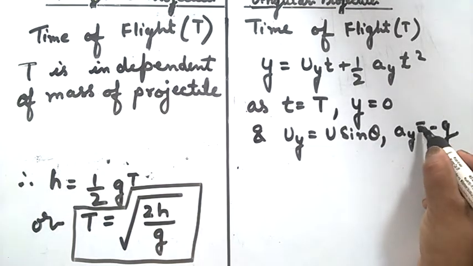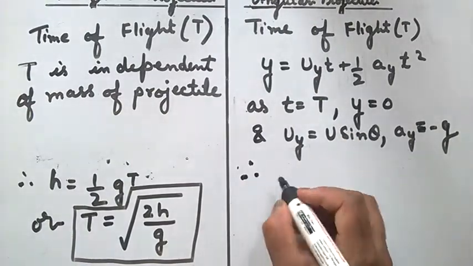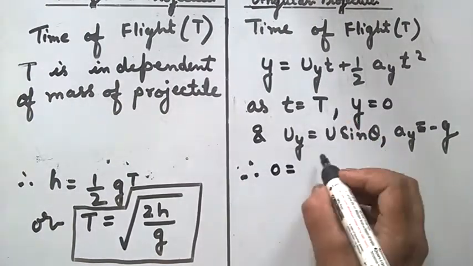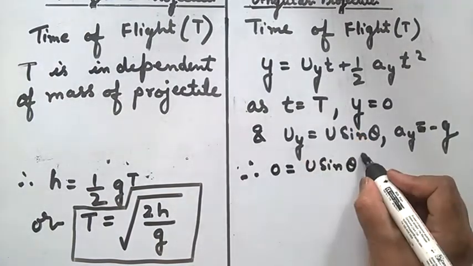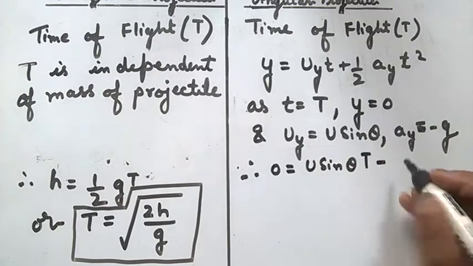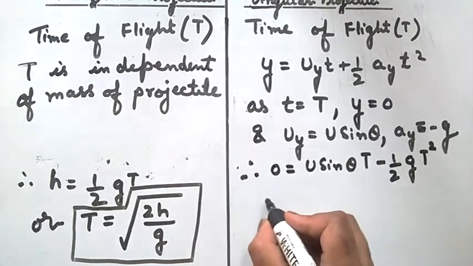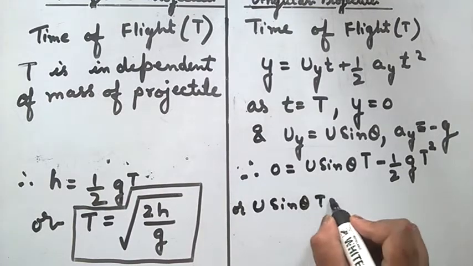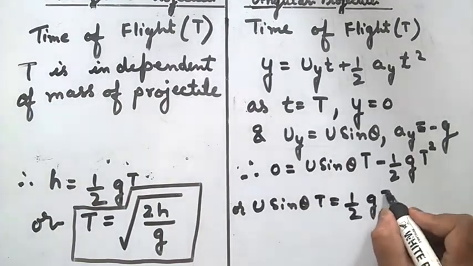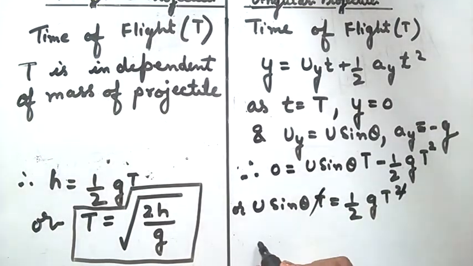Therefore, on substituting all these values, we get 0 equal to u sine theta component times capital T minus half g capital T square, or we can write u sine theta T equal to half g T square. T and T will cancel out and we get capital T is equal to 2u sine theta by g.